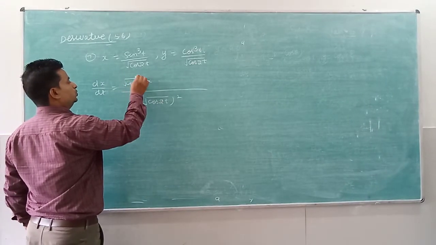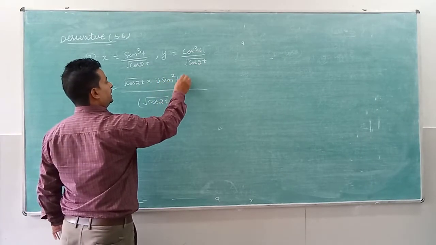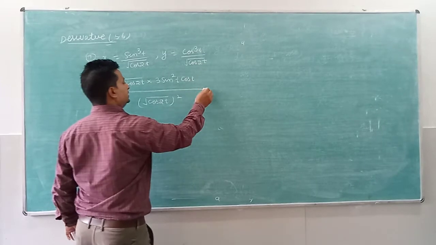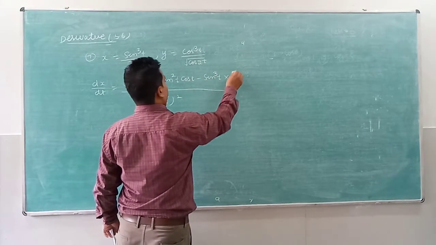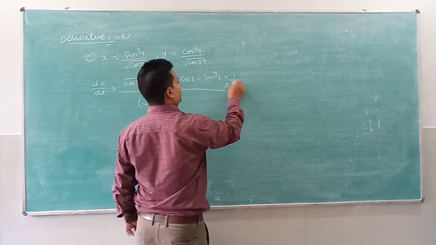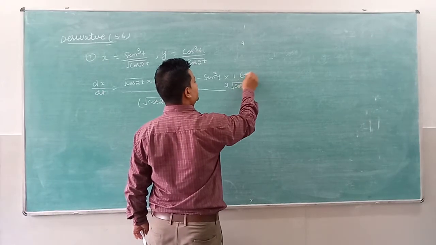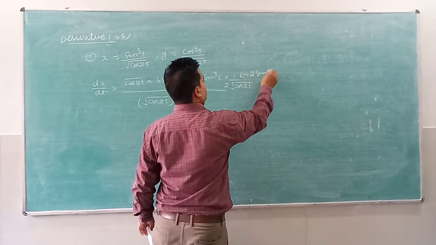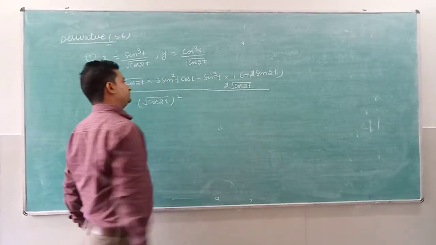In the quotient rule, we need v squared, this is v, the differentiation of u, which is 3 sin²t, and the differentiation of sin is cos t, meaning sin³t. The differentiation of v is 1/2 cos 2t, and the differentiation of this means 2 sin 2t. This is the derivative of this function.